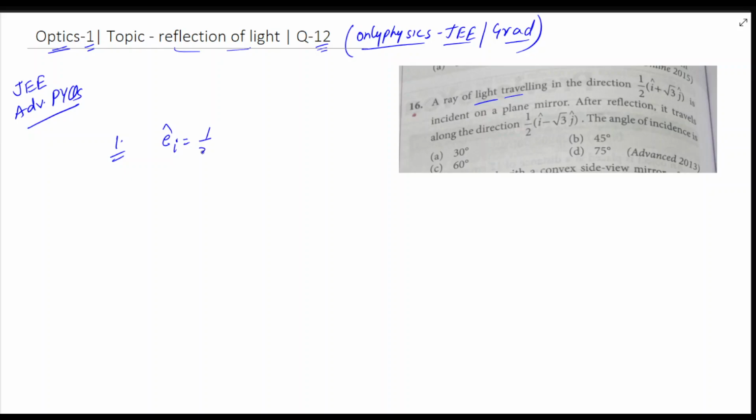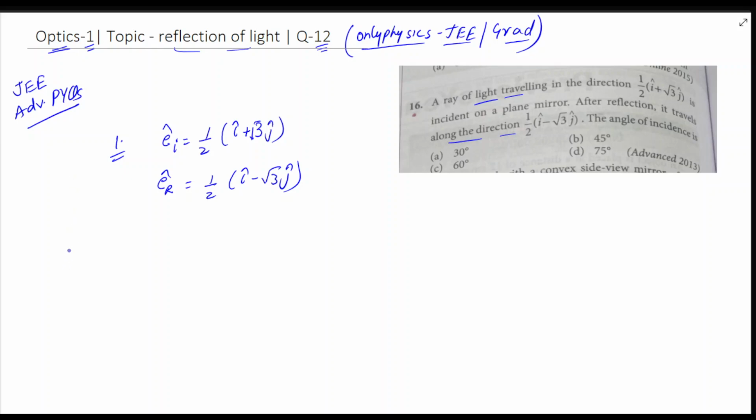So it is 1 by 2 i cap plus root 3 j cap, incident on a plane mirror. After reflection, it travels along this direction. So this must be the direction of the reflected ray. So it is ER cap equals 1 by 2 i cap minus root 3 j cap, right?